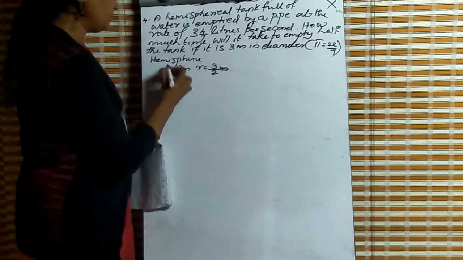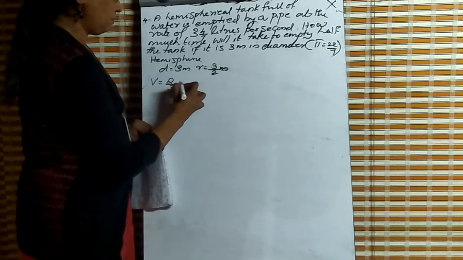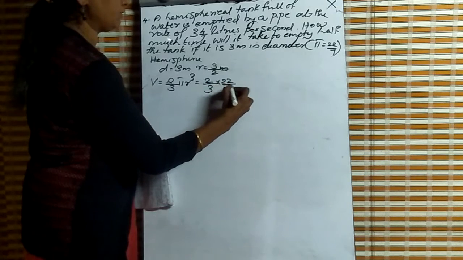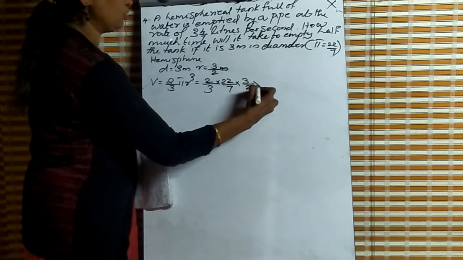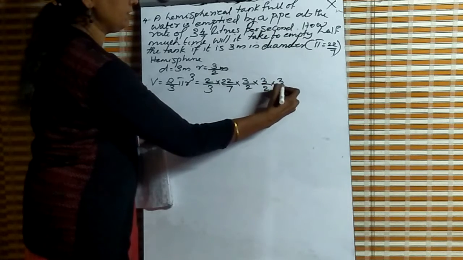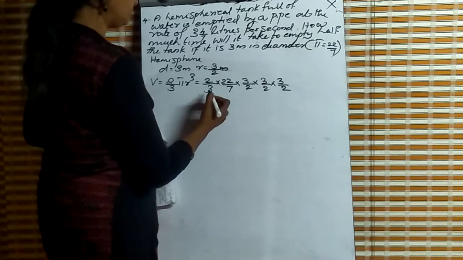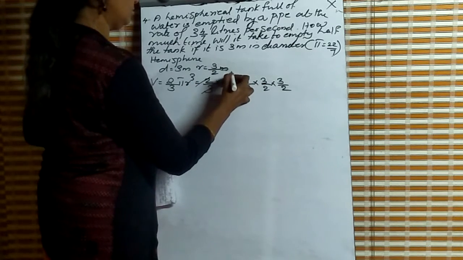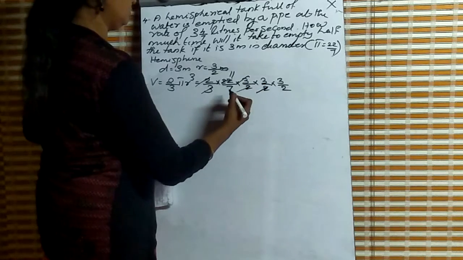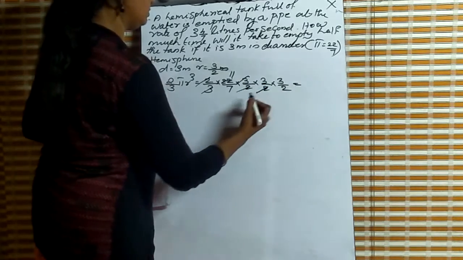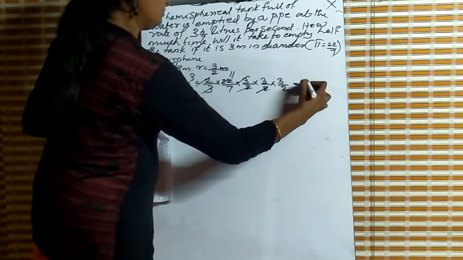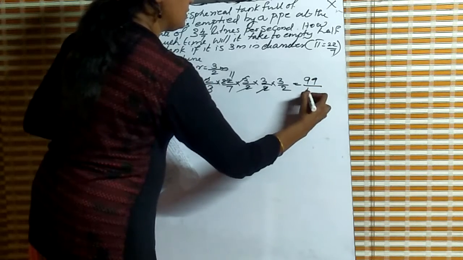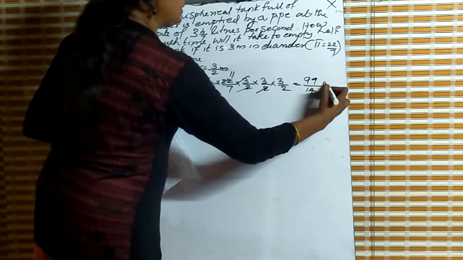What is the volume of a hemisphere? 2 by 3 pi r cube is equal to 2 by 3 into 22 by 7 into r cube. 3 by 2 into 3 by 2 into 3 by 2. Simplifying, we get 99 by 14 meter cube.